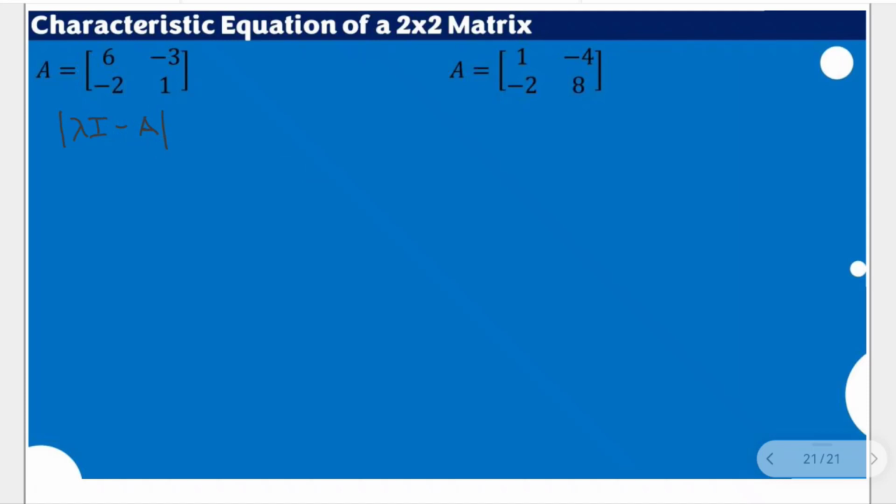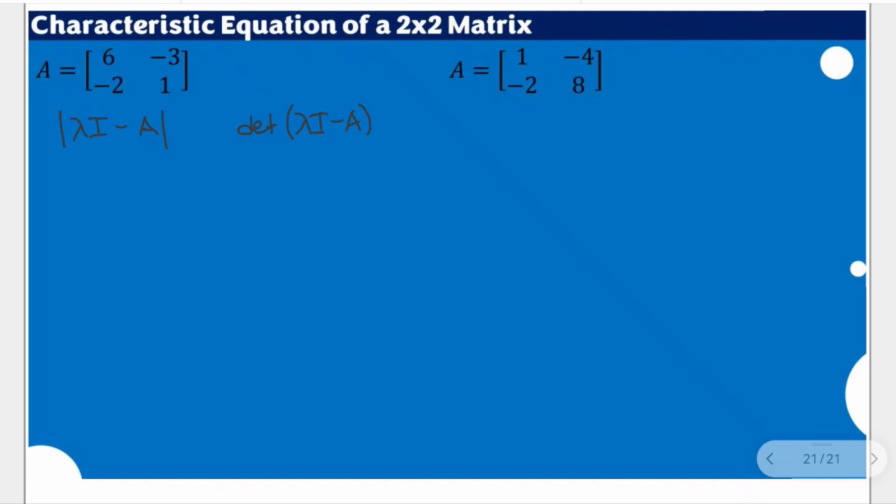And then after you come up with a matrix we represented by this, you take the determinant of the matrix to solve for the characteristic polynomial. And that characteristic polynomial, when equated to 0, becomes your characteristic equation. That is again helpful for us to solve for the eigenvalue, its corresponding eigenvector, and ultimately the eigenspace. So this is how it's done.